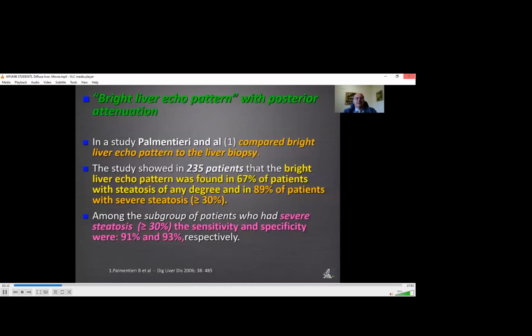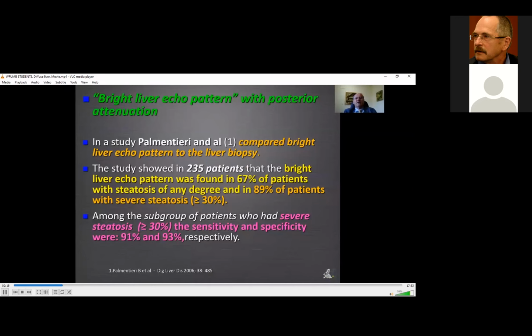And there are some papers, some research in this field that try to find the value of this bright liver echo pattern. First is the study of Palmentieri, a comparison between liver biopsy and the echographic aspect of the liver.